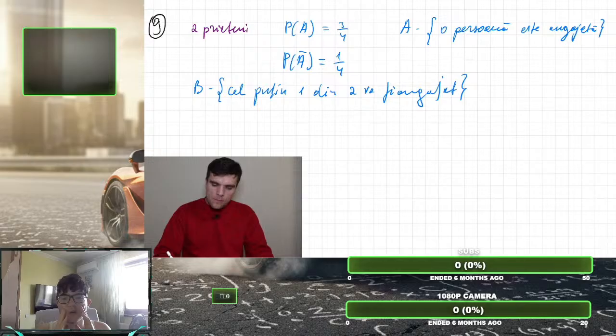First, check mark if it's employed, X if it's not employed. So in the first case, it can either be check mark X or X check mark. So just plug in values: check mark is 3 divided by 4, X is 1 divided by 4, two times, and then times 2 that.